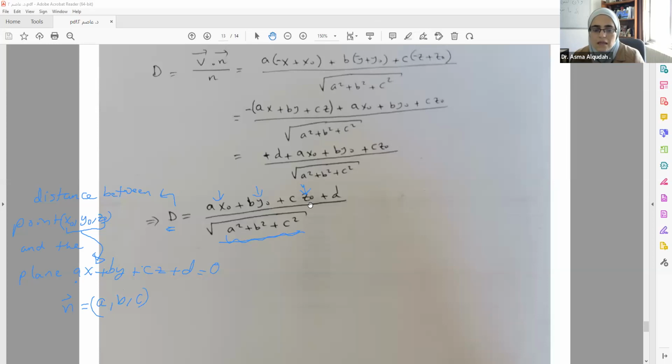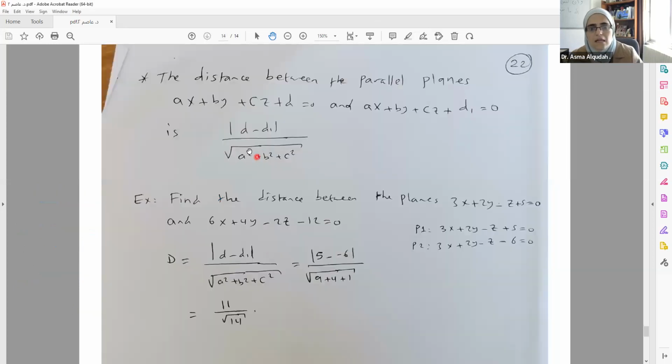The other thing that we should know is how to find the distance between two planes. Let's say we have these two planes.